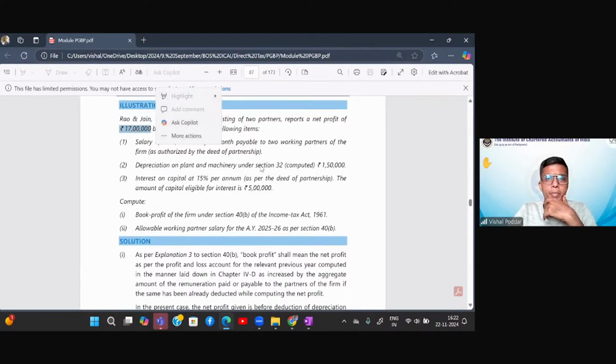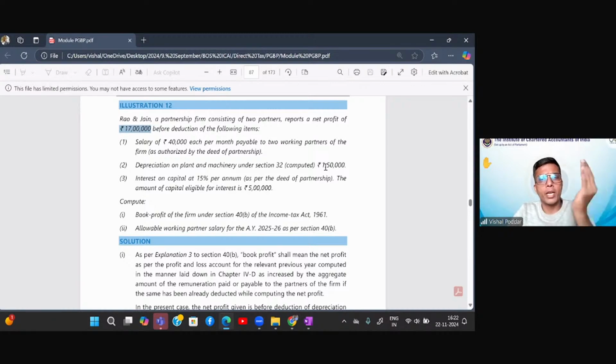You are yet to claim depreciation. So you will deduct depreciation of 150. So 17 lakhs minus 150 is the first deduction. Second, you will deduct 12% as interest. So 12% of 5 lakhs, it will come to 60,000. So two figures you have to deduct from 17 lakhs, 150 for depreciation and 60,000 towards your interest.